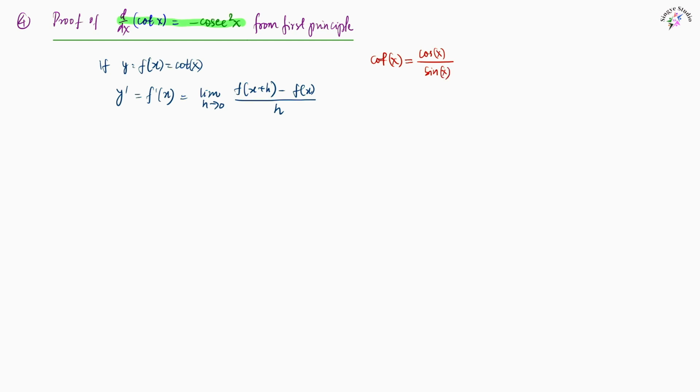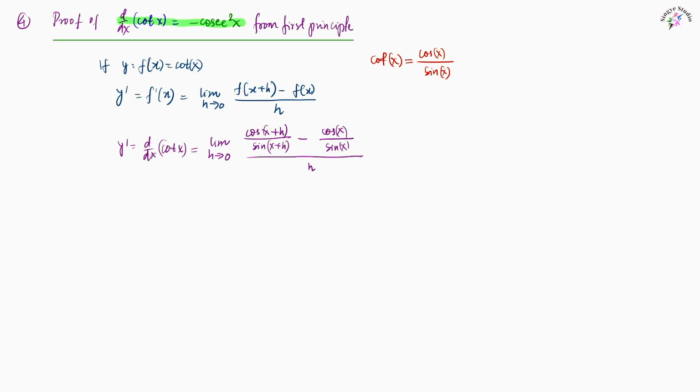By using this, the derivative of this function, which is cotangent x here, can be written as the limit as h tends to 0 of cosine x plus h divided by sine x plus h, minus cosine x upon sine x, all divided by h here.